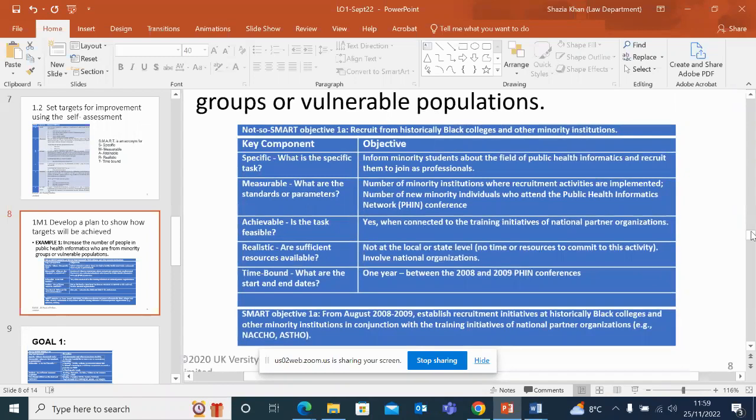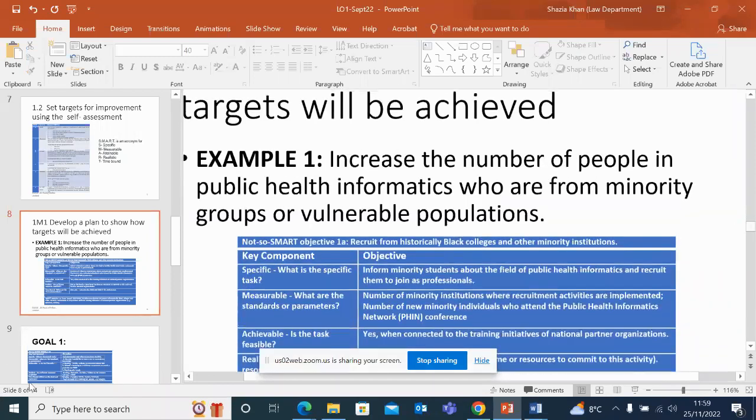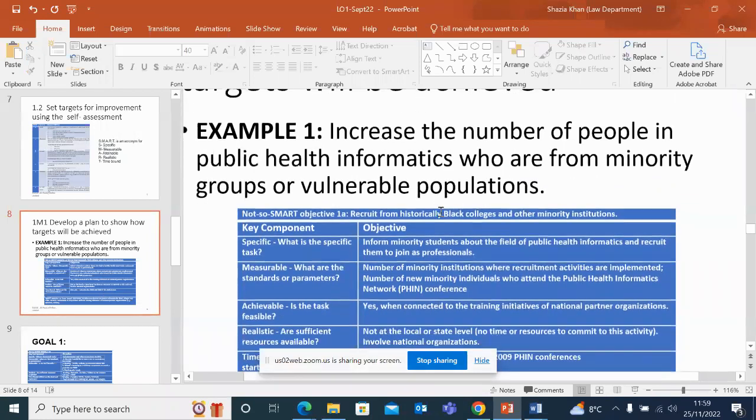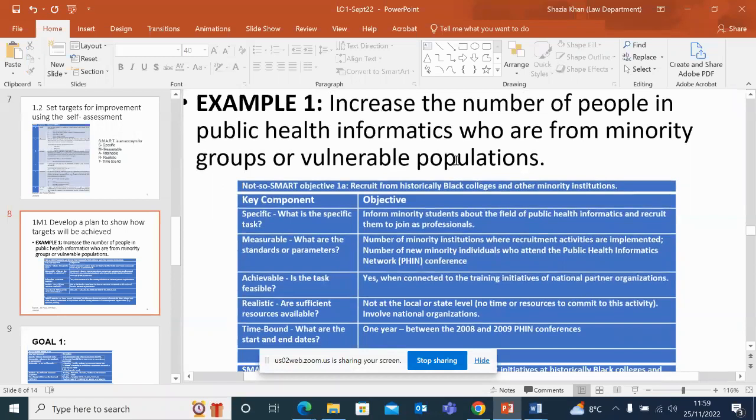That's good. Excellent. So this is to develop a plan to show how targets will be achieved. And this is an example for you. The first example is to increase the number of people in public health informatics who are from minority groups or vulnerable populations.